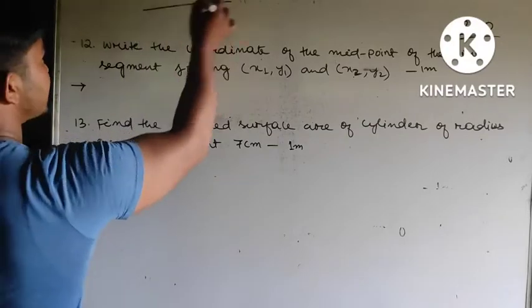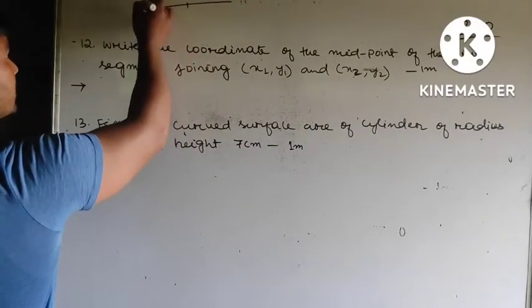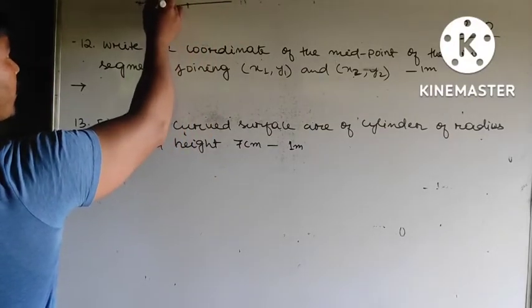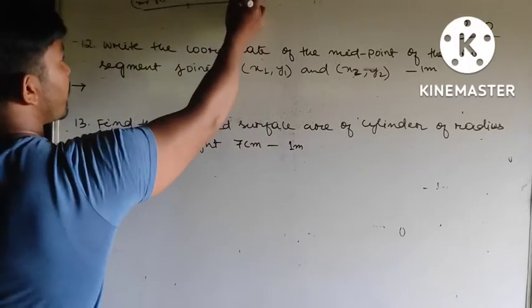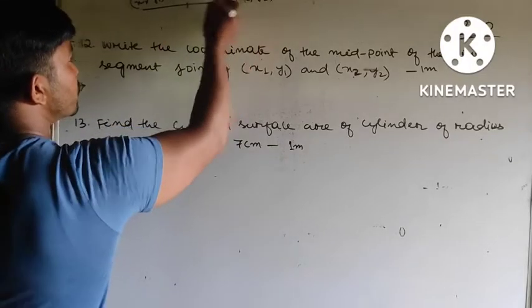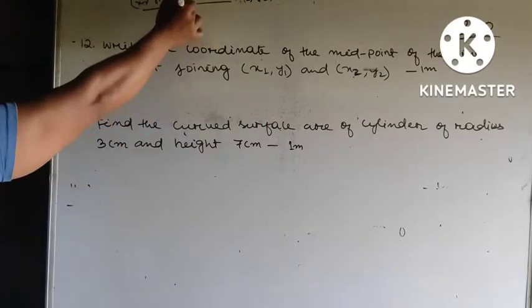For example, let's say this is a line. This is x1, y1, right? And this is x2, y2. So we have to find the midpoint. What is the formula to find this midpoint?